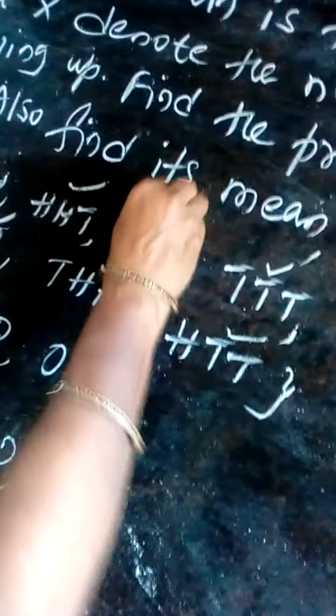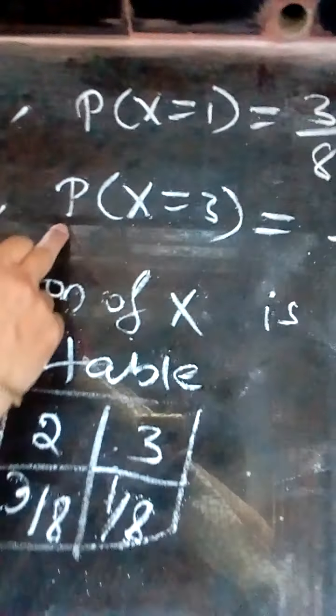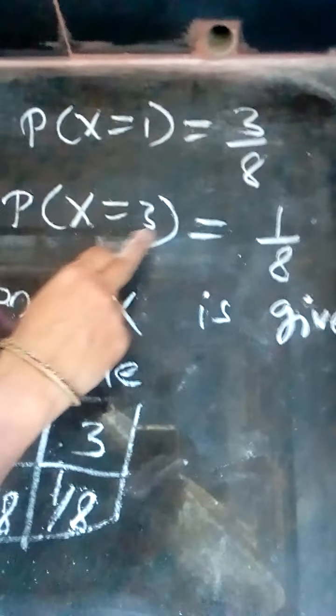Probability of x equal to 2 means getting two heads. There are again 3 outcomes, so its value is also 3 by 8. Probability of x equal to 3 means getting all 3 heads. Only one possible outcome is there, so its value is 1 by 8.